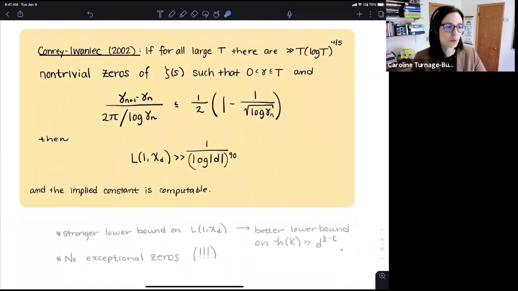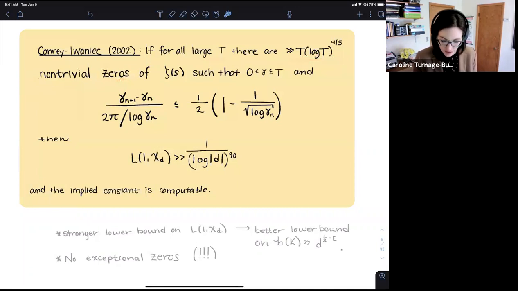So here's what their theorem says. This is a kind of a watered down version of their theorem, but it's got everything in it that we need. So they proved that if for all large t, there are greater than t log t to the 4/5 positive proportion, getting a positive proportion of zeros will definitely be enough for this theorem.